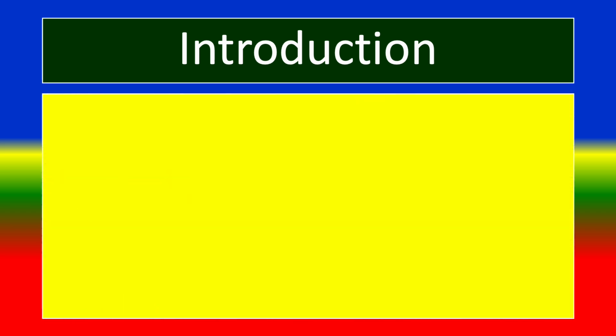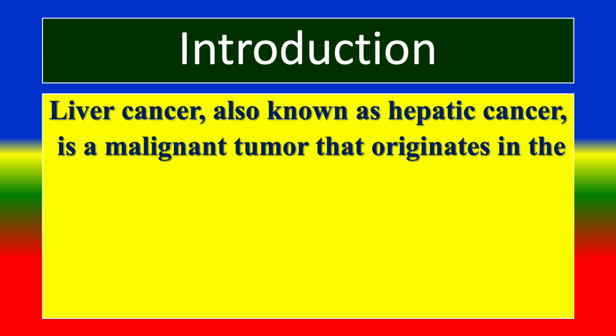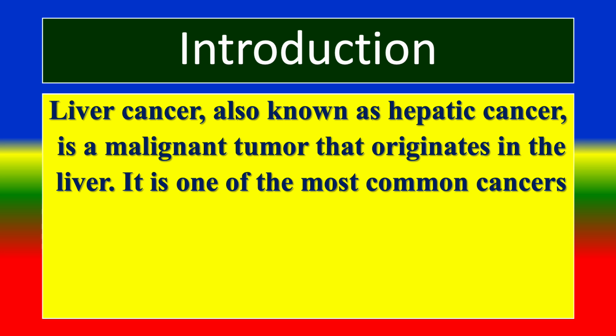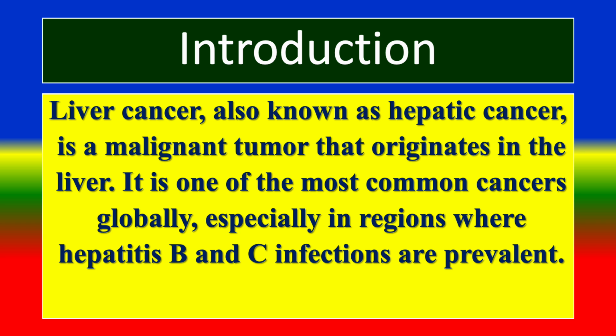Introduction. Liver cancer, also known as hepatic cancer, is a malignant tumor that originates in the liver. It is one of the most common cancers globally, especially in regions where hepatitis B and C infections are prevalent.